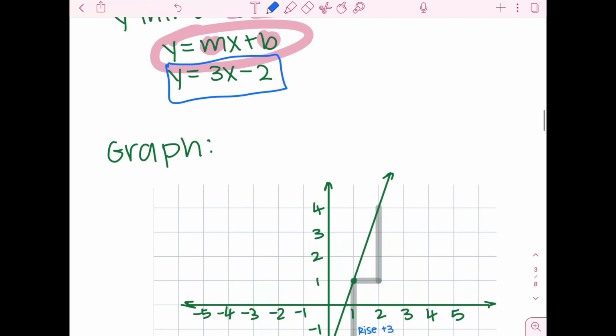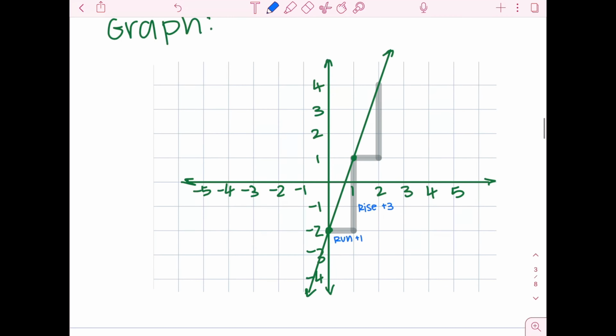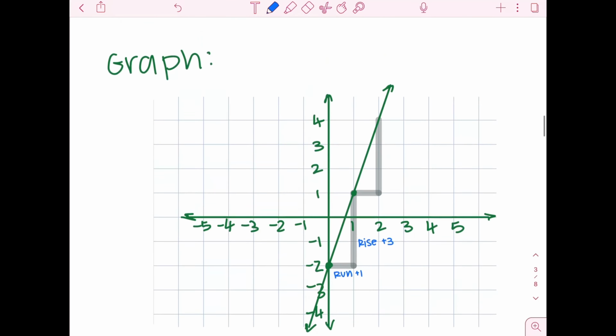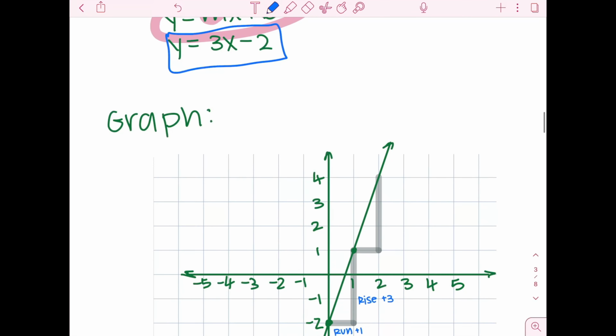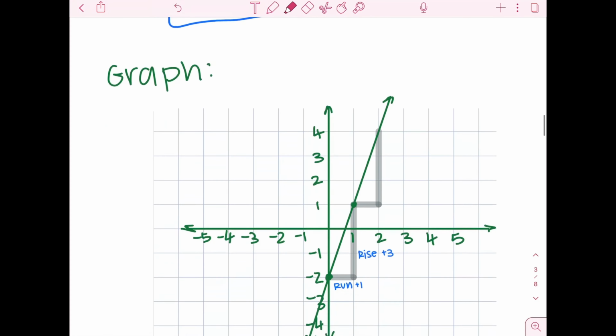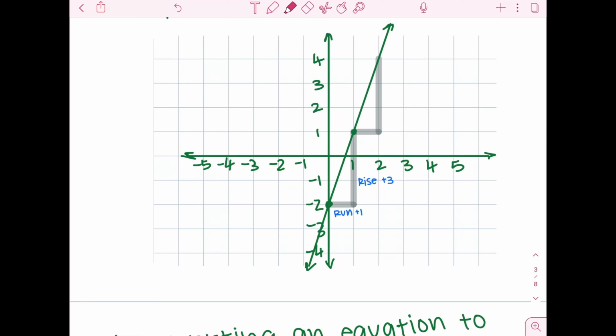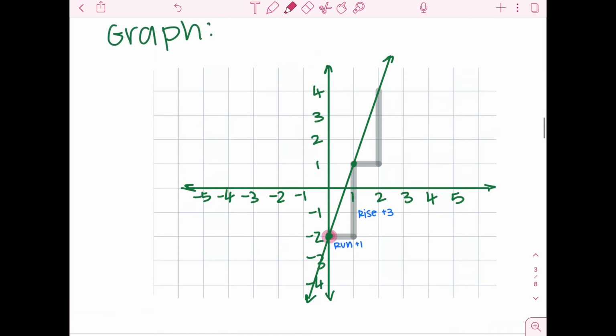And using this information, we can graph the point and graph the entire line. So if we have a y-intercept of negative 2, that means that the line is going to cross the y-axis at negative 2. So we graphed our point right here.